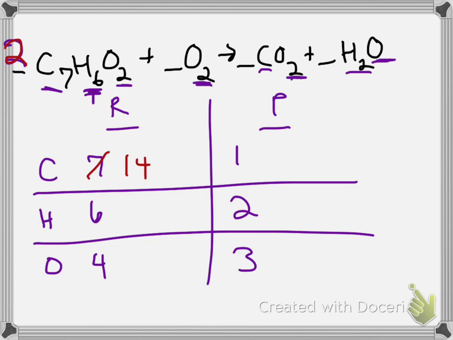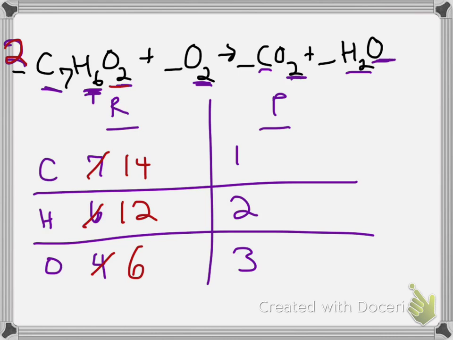Then our hydrogen becomes 12 because 2 times that 6 gives us 12. And our oxygen, 2 times our oxygen, that would be 4. But then we need to add another 2. So really we have 4 plus 2, which is 6. We have 6 oxygens.